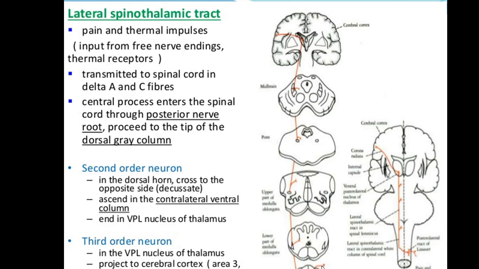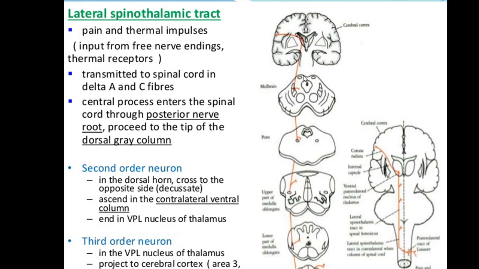They come in the dorsal root, they cross to the opposite side, they pass as a lateral spinothalamic tract, they ascend up here to the medulla, to the pons, to the midbrain.